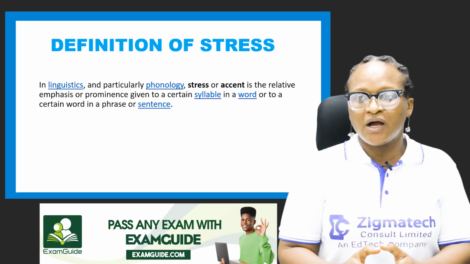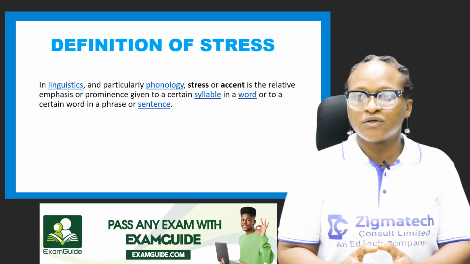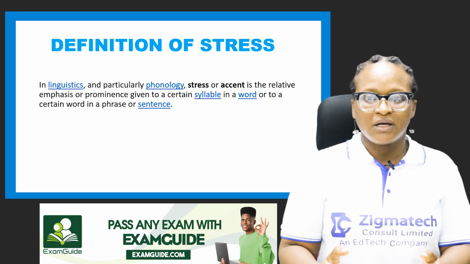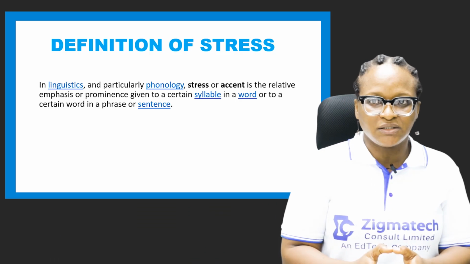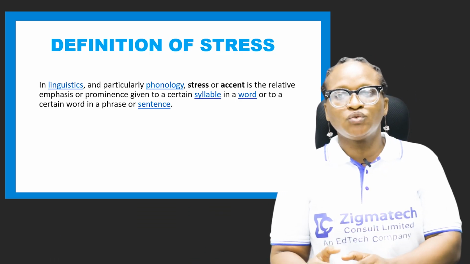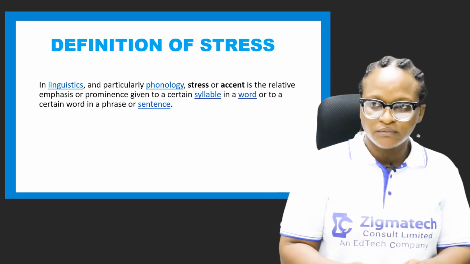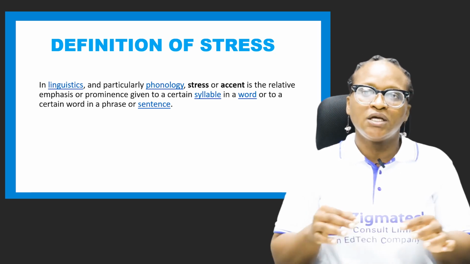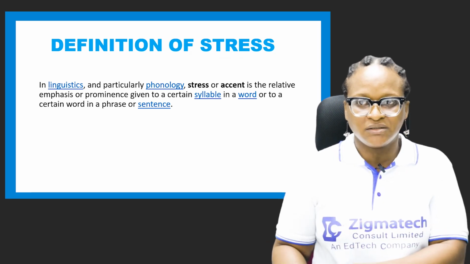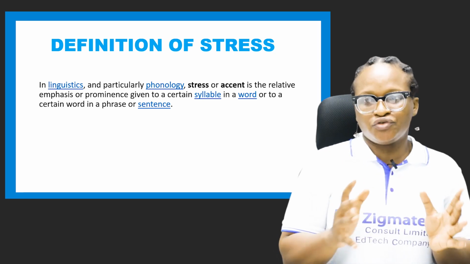From that angle, we see stress, or what we call accent, as a relative emphasis or prominence given to a certain syllable in a word or to a certain word in a phrase or sentence. That's what stress generally is.